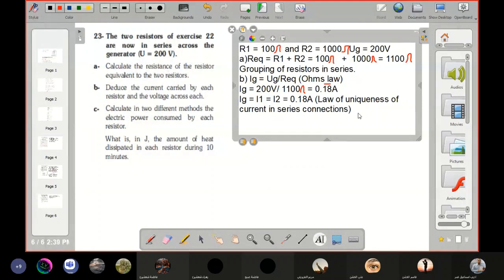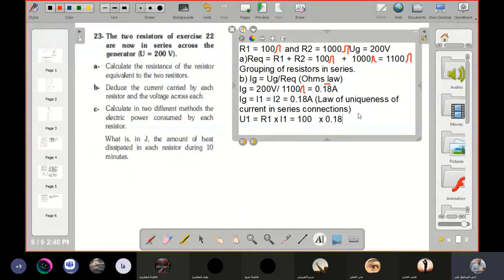U1 equals R1 times I1. I'll accept from Ali because Fatima is not answering. So U1 equals R1 times I1, which is Ohm's law. R1 is 100 ohms times I1, which is 0.18 repeating.